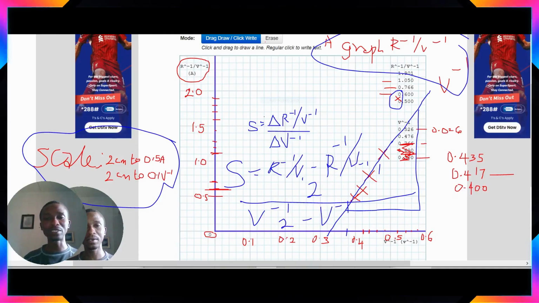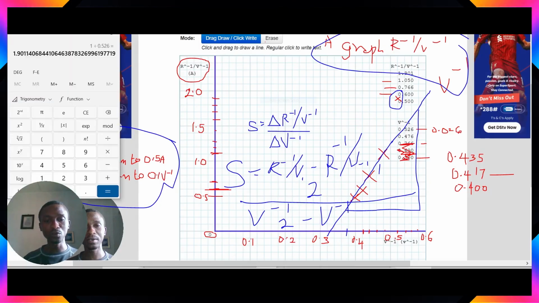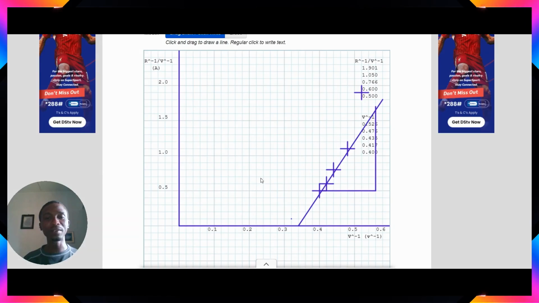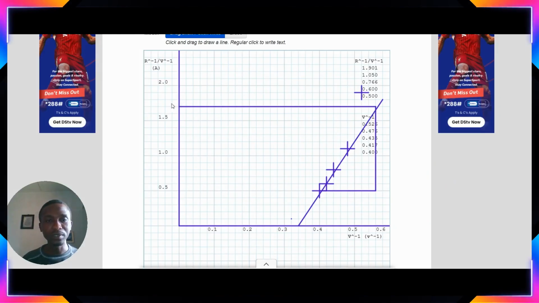Then to get your slope, to get the values of your V2 and V1, look at the maximum value here. This point is your ratio 2. That is your R inverse over V inverse 2.